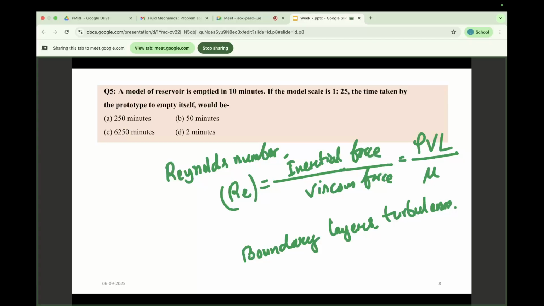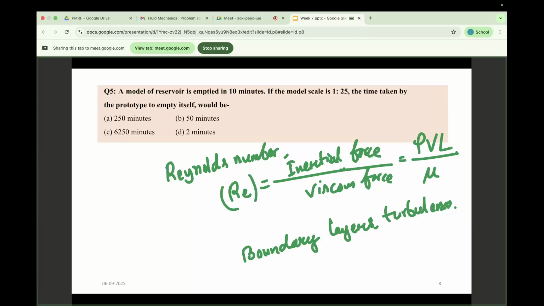Say in a question it may be given that a prototype is made, a model and a prototype are talked about. In a model, the value of the Reynolds number is given, and corresponding diameter is given. So you are told that the same Reynolds number is being used in the prototype having a different diameter.